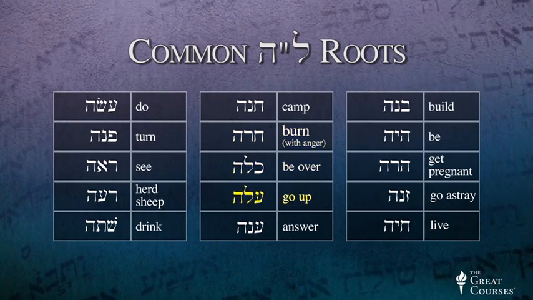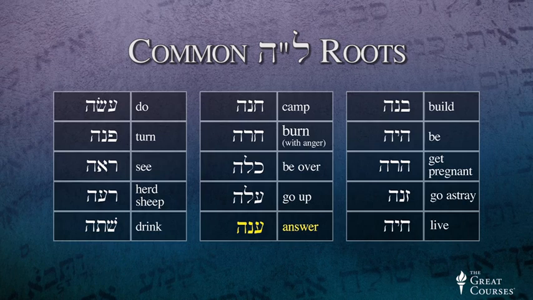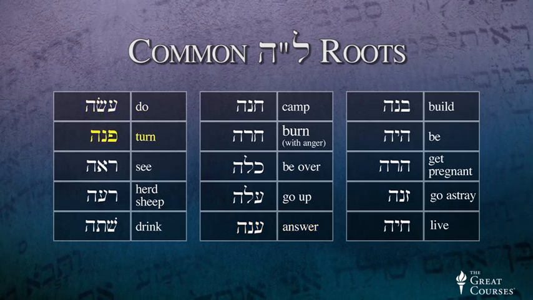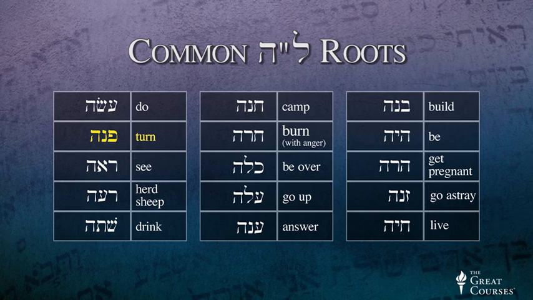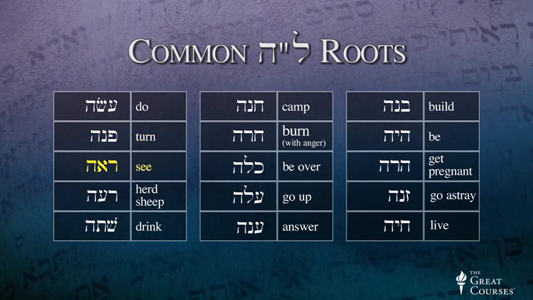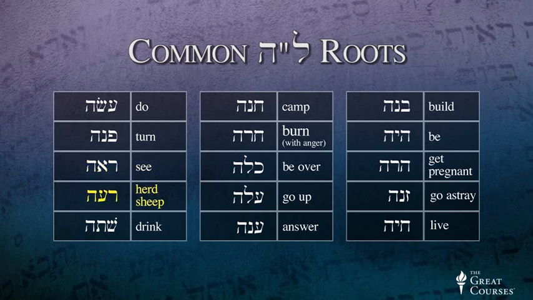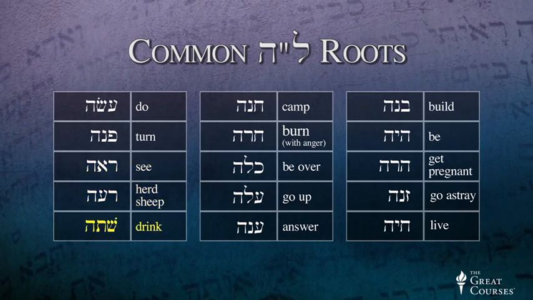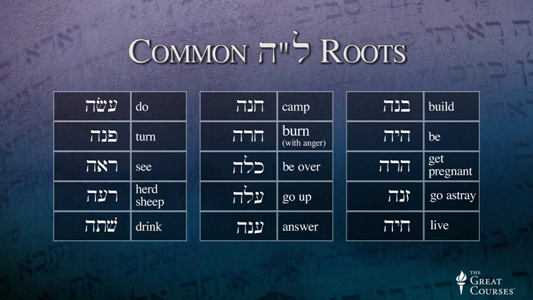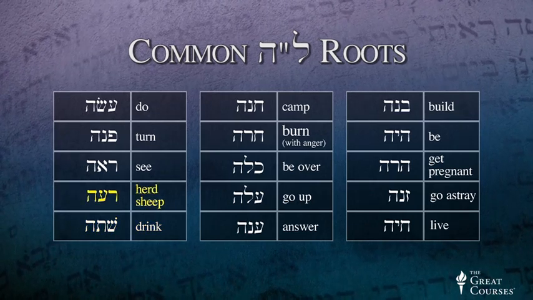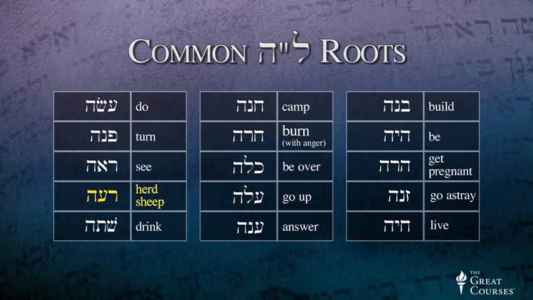Alah, go up. Ana, answer. Asa, do or make. Pana, turn, the way you do with your panim. Ra'ah with an aleph, to see. Ra'ah with an ayin, to herd sheep. And shata, to drink.